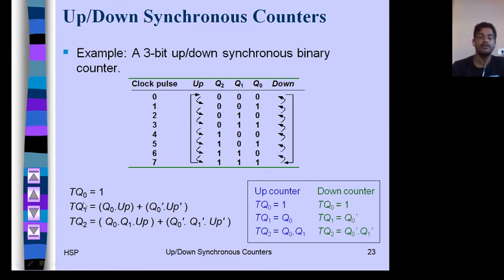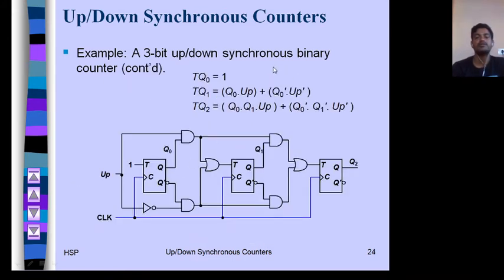For this we require 2 AND gates and, for the plus, 1 OR gate. This is your circuit. Just make 3 flip-flops and apply a common clock pulse to all the flip-flops. Now what is TQ0? This is 1, connect it to plus 5 volt or logic 1.